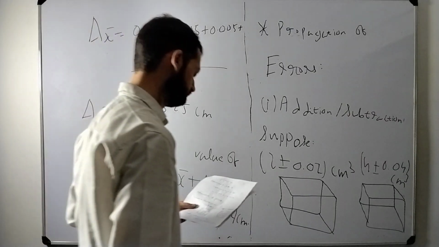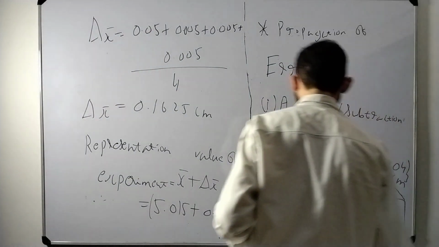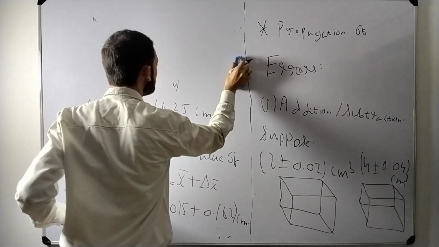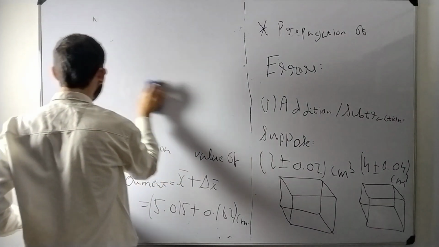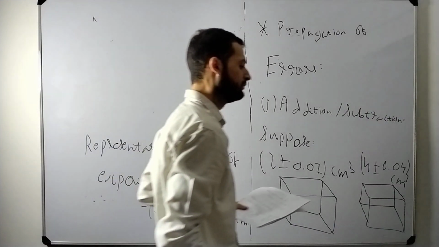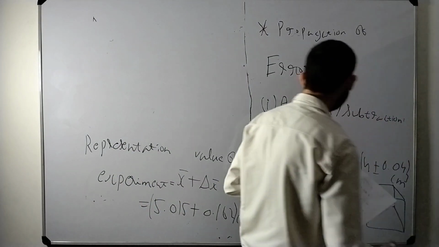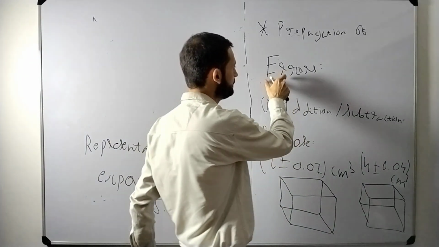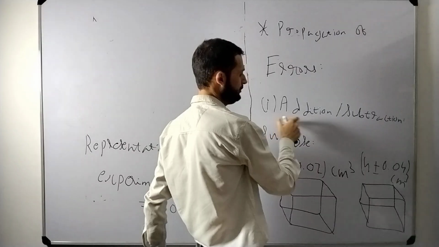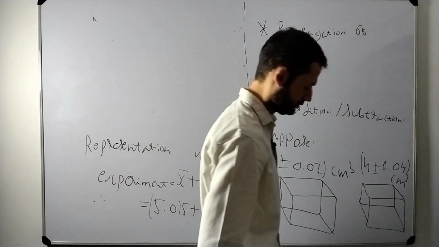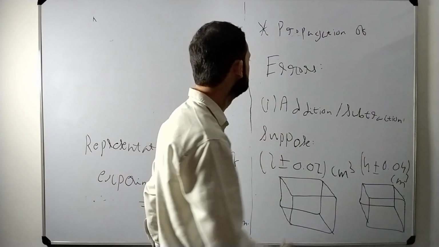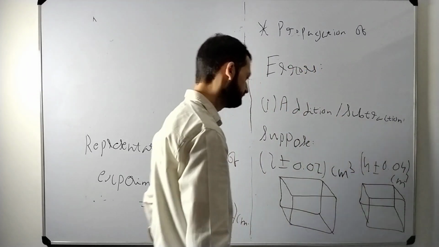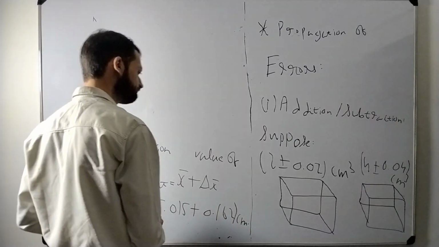Okay, students. So in propagation of errors, we are discussing what will happen to errors when we add or subtract between the two cubes. So let's see.